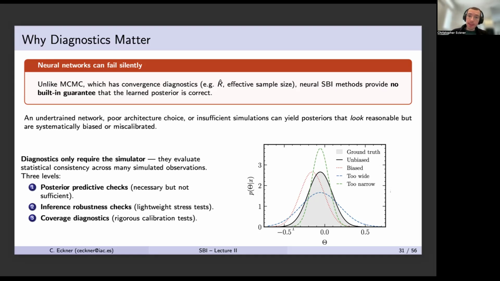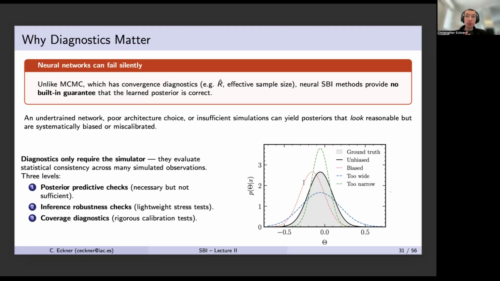You could also have something like the dashed green curve, that is too narrow. In this case, you're overconfident and you say that you can constrain your parameters with an observation like this, which, even given an actual likelihood, is not possible. So you're just claiming nonsense. Or, as shown here in the red curve, your result could be biased.